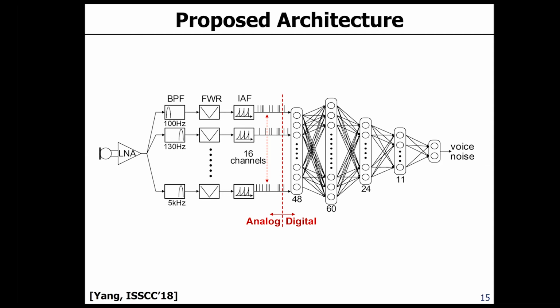So the IAF, which is a very simple circuit, actually works as your analog-to-digital converter. The output of the IAF is your spiking rate, and this spiking rate represents the feature vector or feature matrix that you are interested in. And then we go into the digital domain by counting these spikes. After that, it's just following the conventional digital computation process to perform the classification. So that's the high-level architecture.